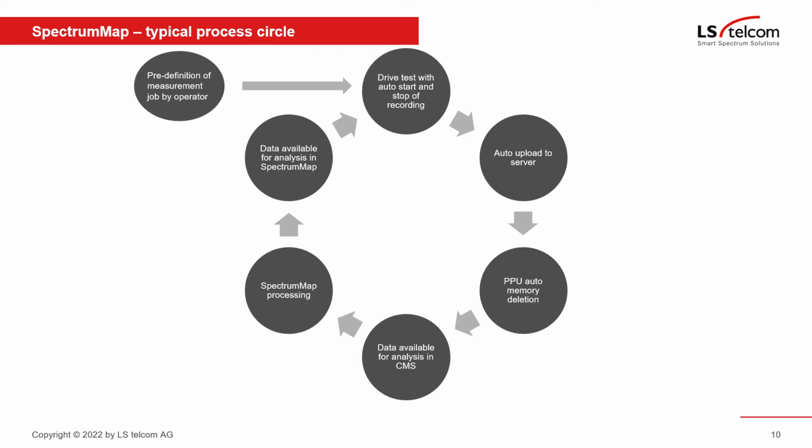All the data is automatically processed by Spectrum Map, mined together, and then the user is presented with these unique spectrum maps. They can choose between different spectrum maps for all their channels or bands of interest and can analyze it.